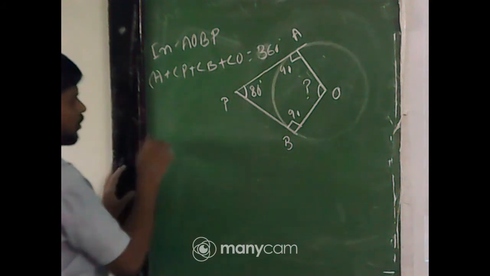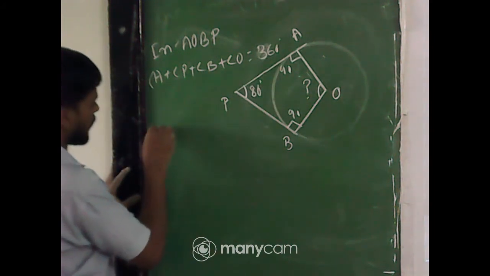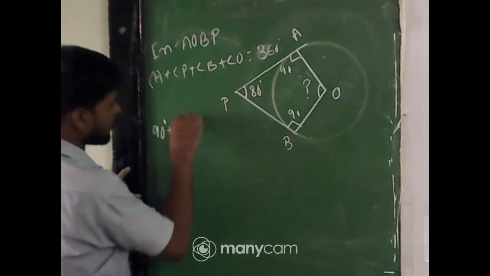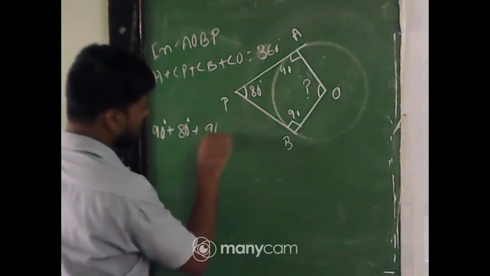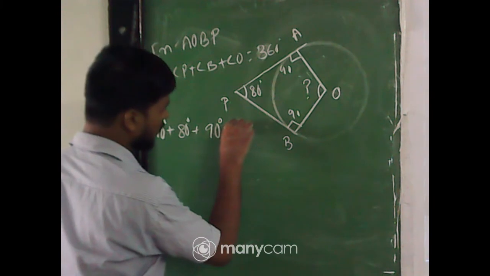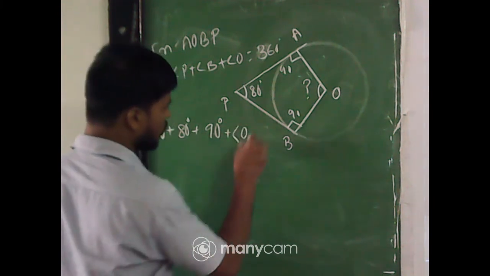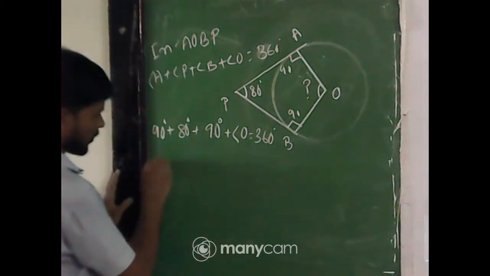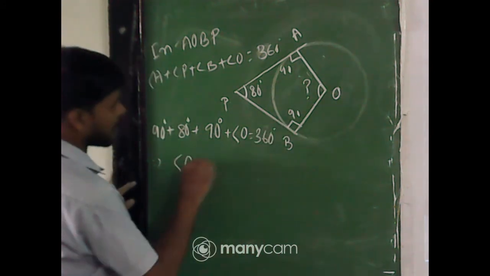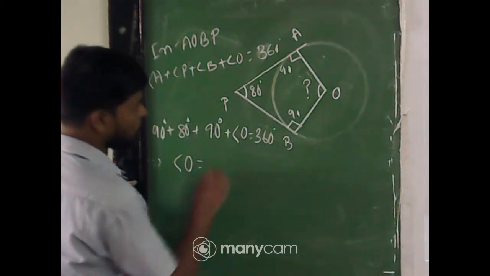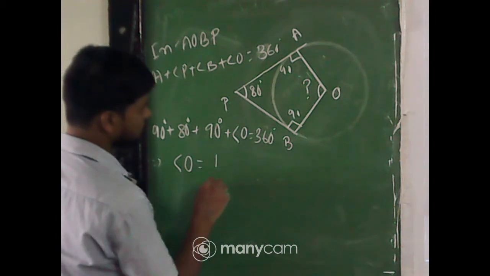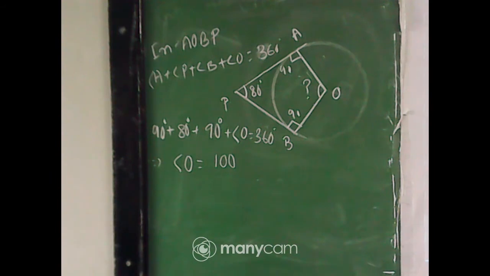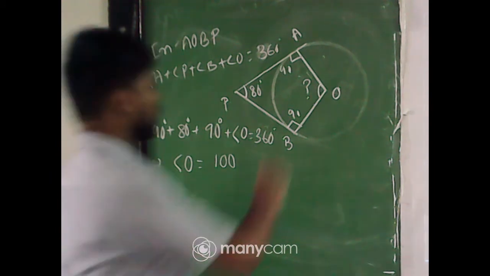Putting in the values, angle A equals 90 degrees, angle P equals 80 degrees, angle B equals 90 degrees, and we don't know angle O, that is equal to 360 degrees. So if I calculate, angle O will be equal to 100 degrees.